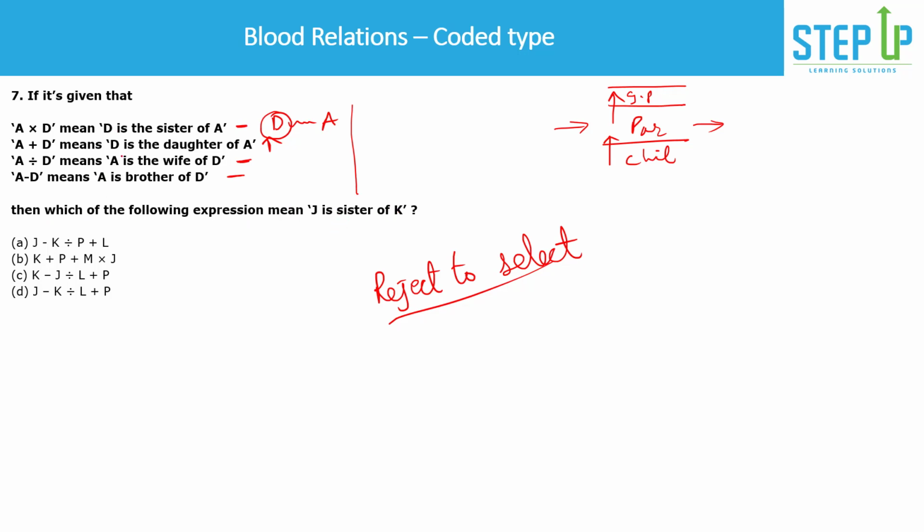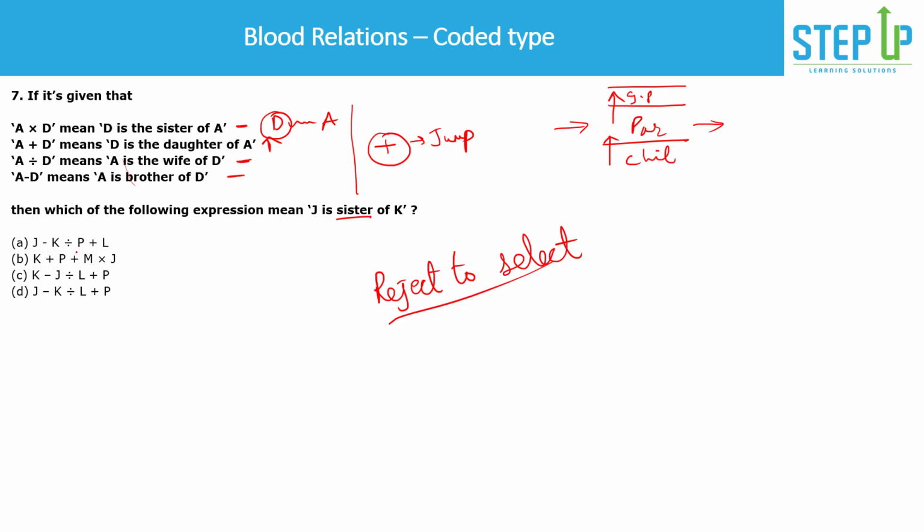Now from this, if you see, only the plus sign means there's a jump in generation. That means if between J and K there's a plus, they will already be jumping to another generation. But he's talking about sister. So two things. One is there's no generation gap. That means they are in the same generation, and J is female.